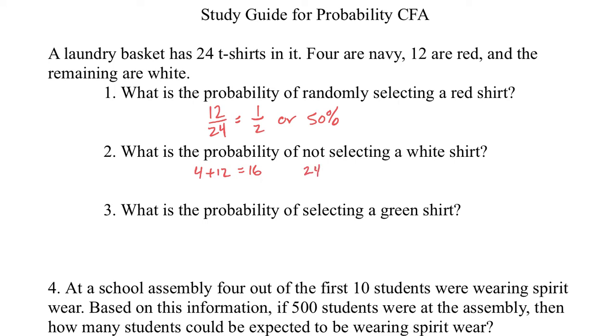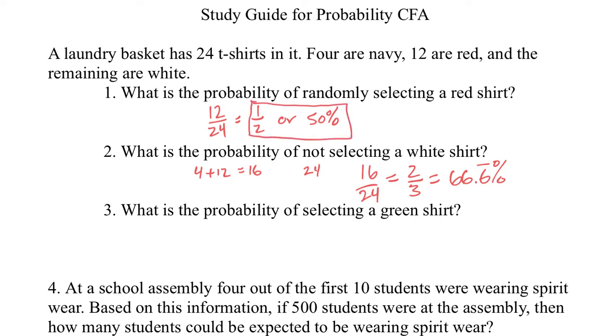And so that means that 16 out of the 24 are not white. So we can simplify that to 2/3. Or you can have it as 66.6 repeating percent. I would take any of that. Box this one too.